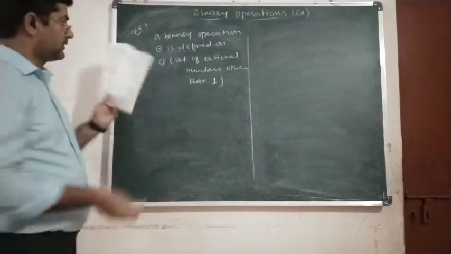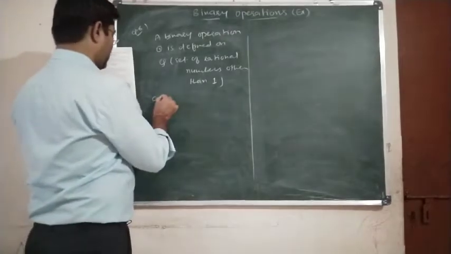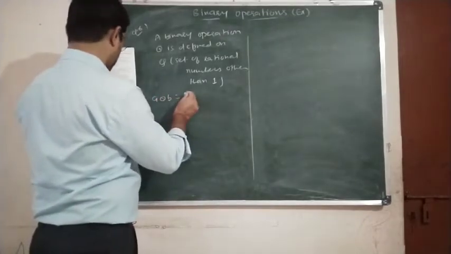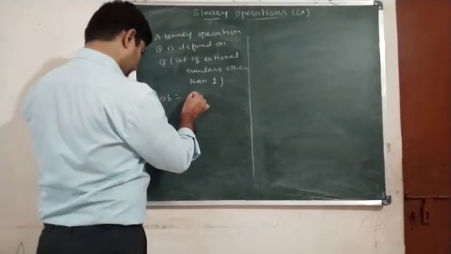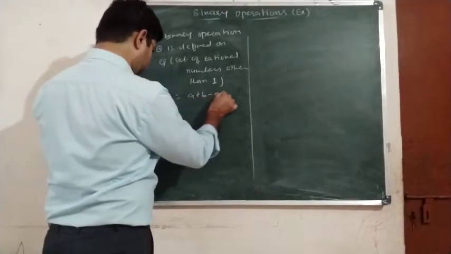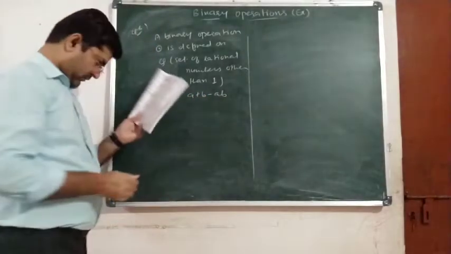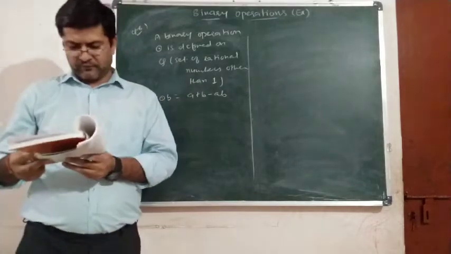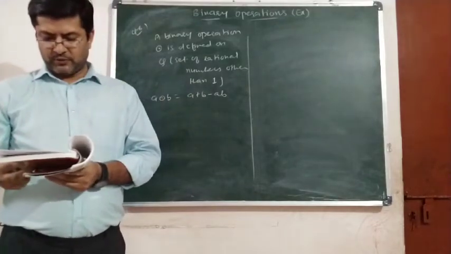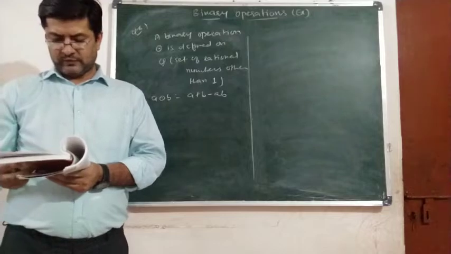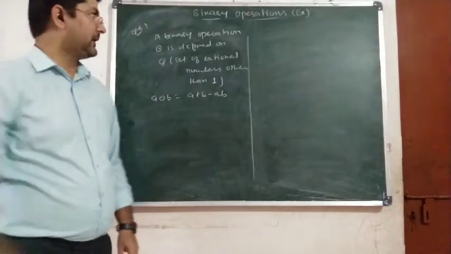The operation is given by A O dot B is equal to A plus B minus AB. We have to show that this binary operation is commutative, associative, and that 0 is the identity element.